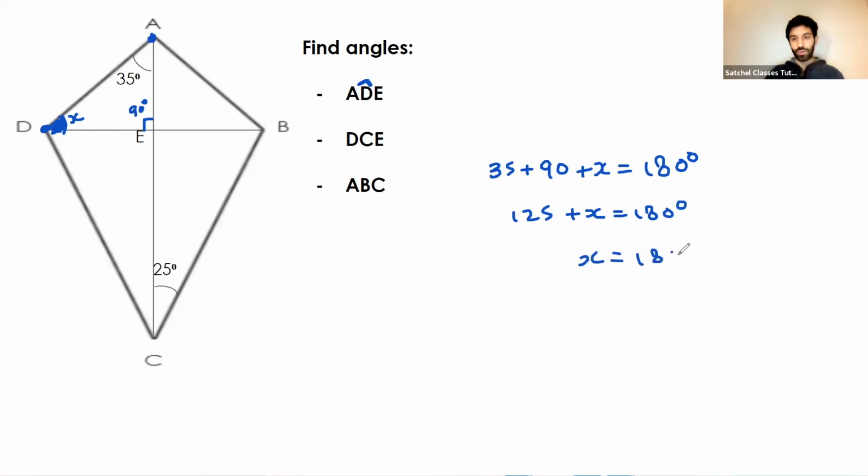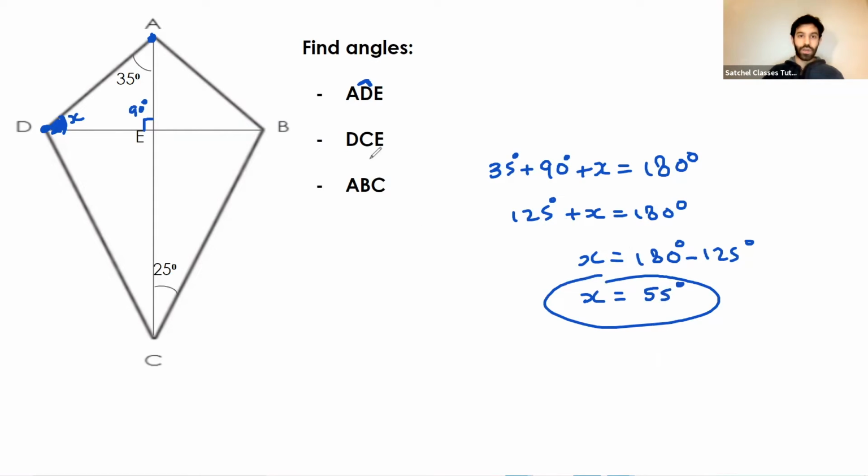X is therefore equal to 180 degrees minus 125 degrees. So X is equal to 55 degrees. So angle ADE, even though I've labeled it as X, you could have labeled it as anything. Just use X to stick with traditional mathematical convention, but angle ADE is therefore equal to 55 degrees.